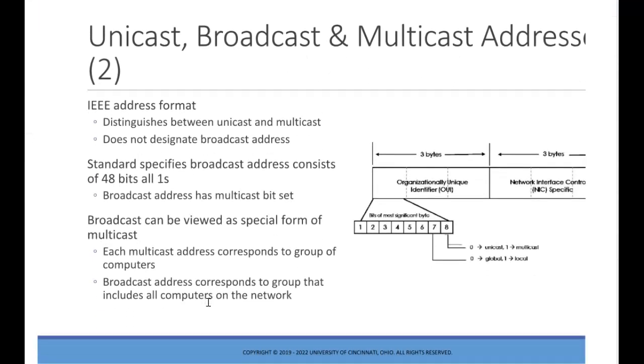The 2 low-order bits of the most significant byte of the OUI are assigned a special meaning. The least significant bit of the most significant byte is a multicast bit that specifies whether the address is unicast, 0, or multicast, 1.